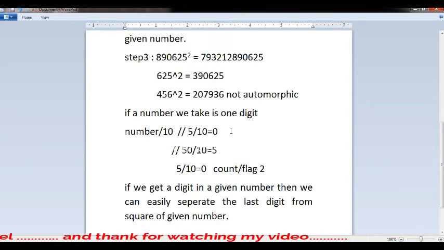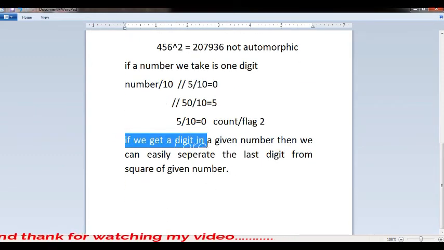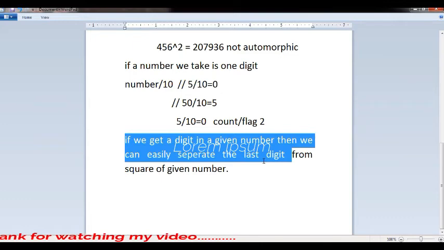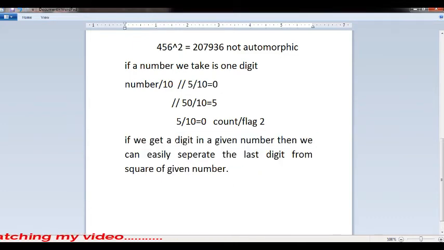So how is it possible? If we get the number of digits in a given number, then we can easily separate the last digits from the square of the given number. See here. For example, we take 50, so we get count or flag value 2, meaning that 50 is a 2-digit number.